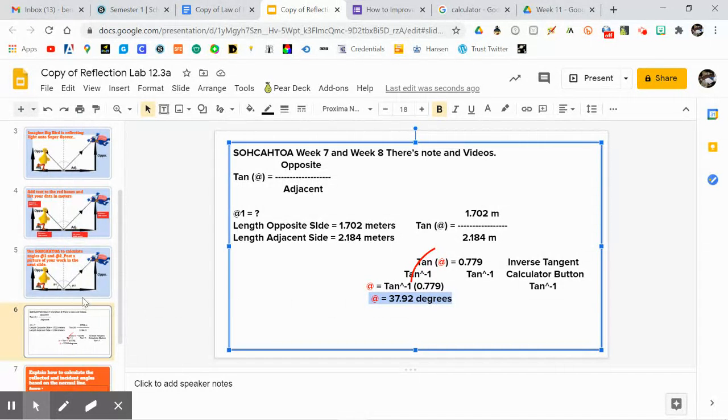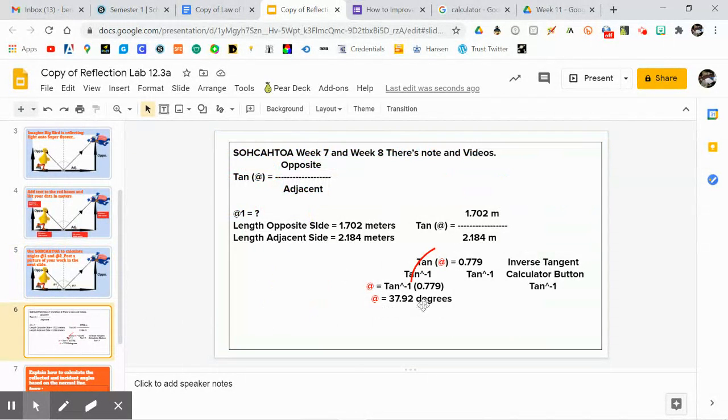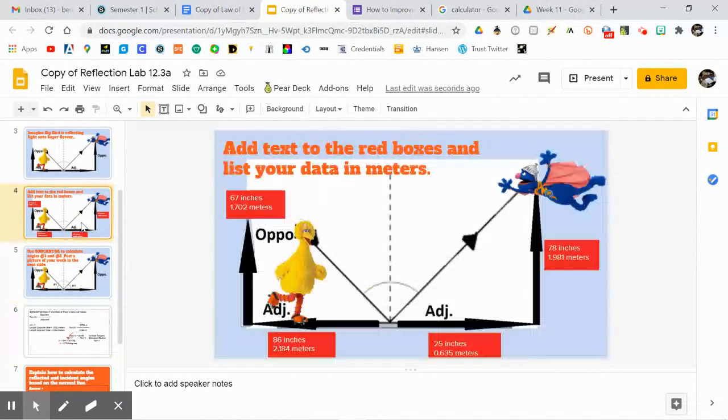Okay. And so now I need to verify that 37.92 is also this angle right here. And so you do the same. You pretty much do the same work that you did here for number 1. You do it for this side.